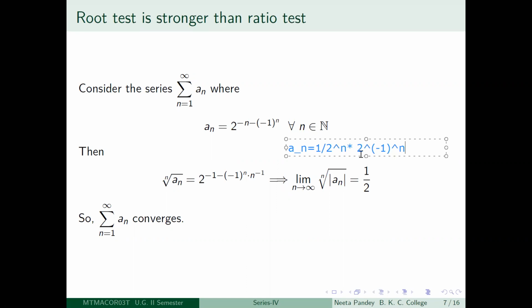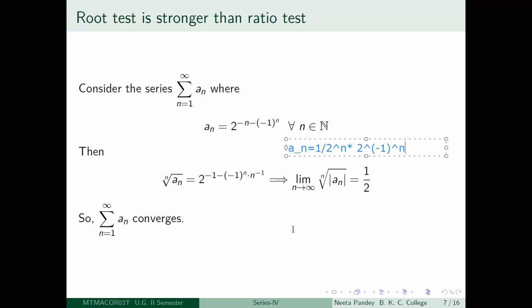Can you understand this? It is 2 to the power minus n into 2 to the power minus of minus 1 to the power n. So an is equal to 1 by 2 to the power n times 2 to the power minus 1 to the power n. So what will this look like?